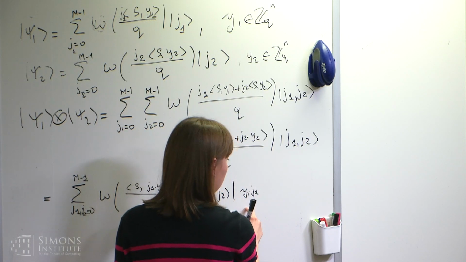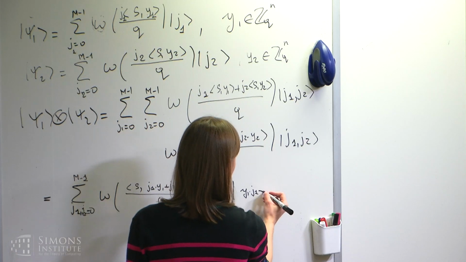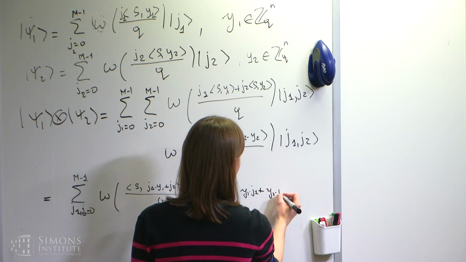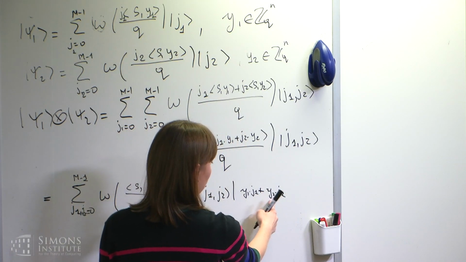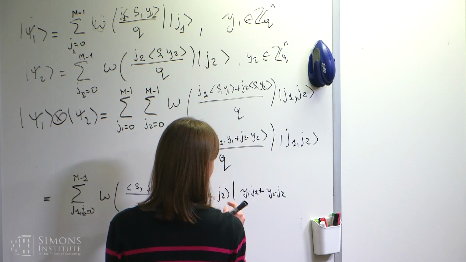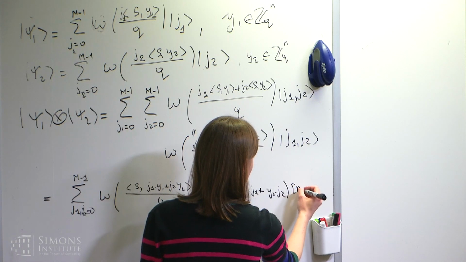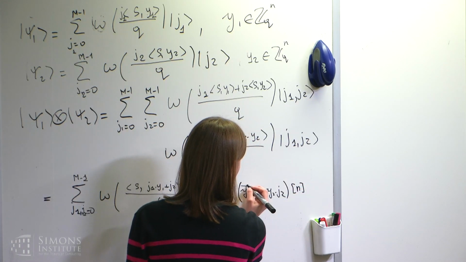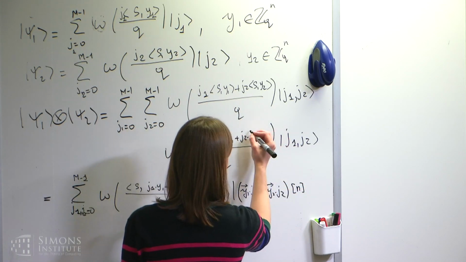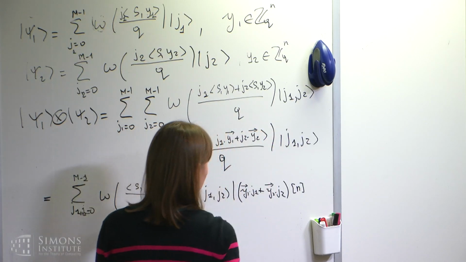So y1 I know classically, j1 I take from here, plus y2 times j2. Again, this is known classically, this is written here. And I take, let's say, the nth coordinate. So this is a vector, mod 2.